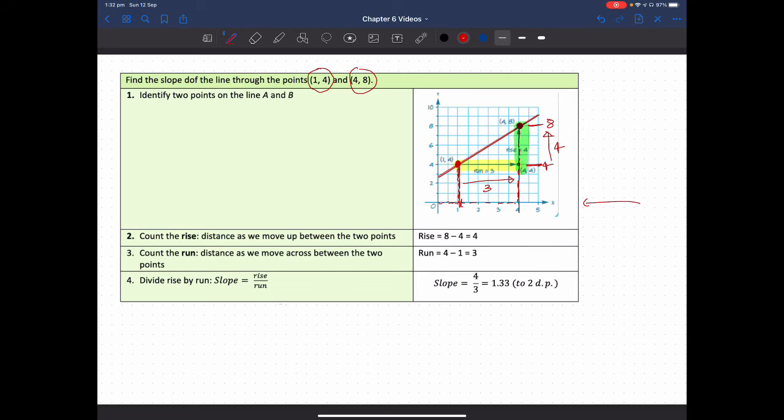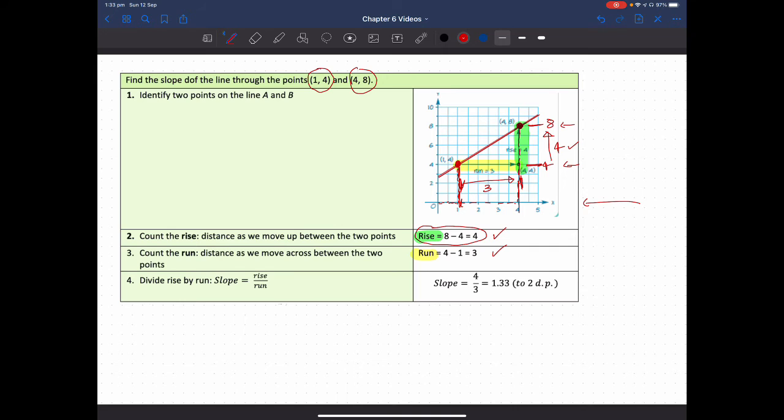So my rise, that was the amount that I went up, is going to be 8 minus 4, which gives me 4. My run, which is in yellow, is going to be 4 minus 1, which is 3.